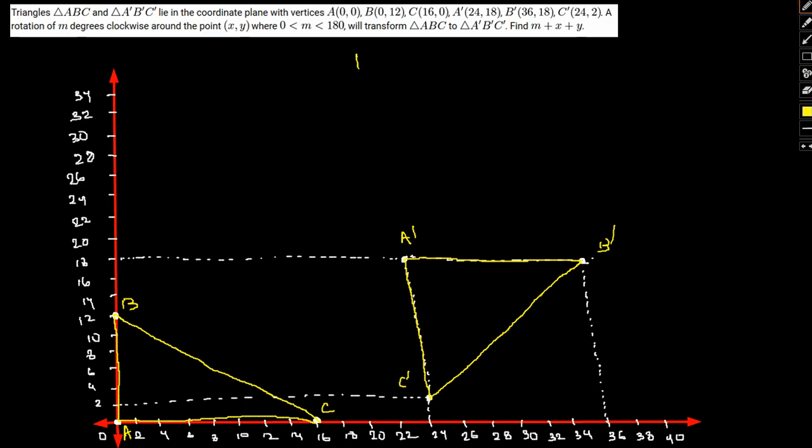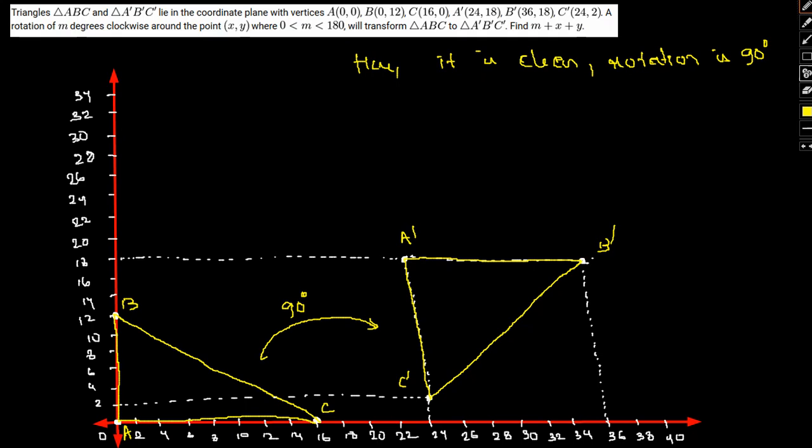The rotation is 90 degrees by the figure itself, because A's position is this, B's position is this, so everything has been rotated by 90 degrees. Okay, so I hope this is clear.